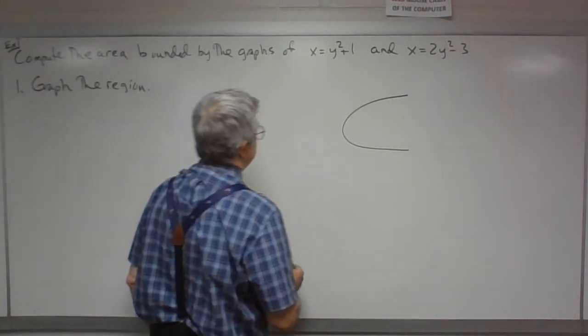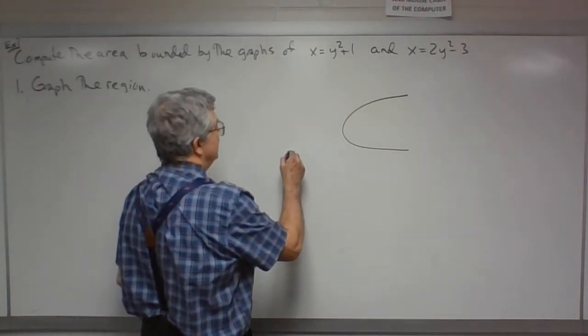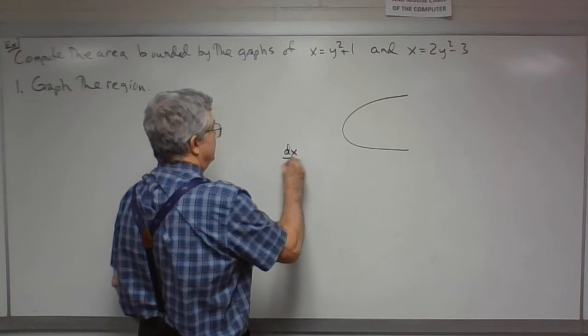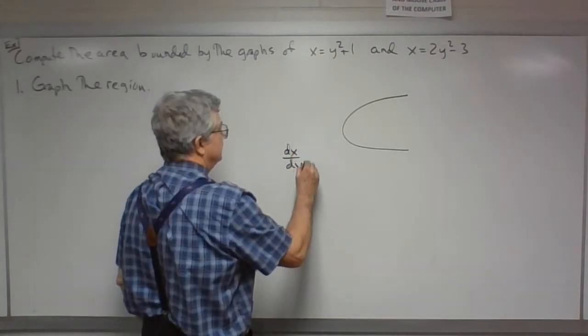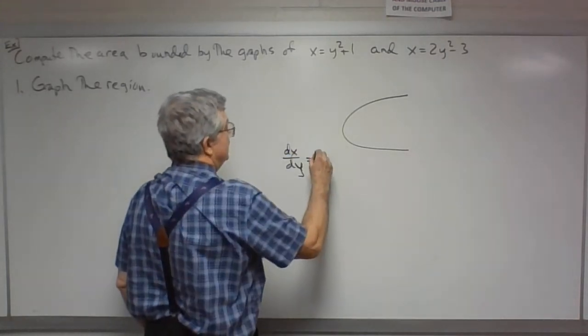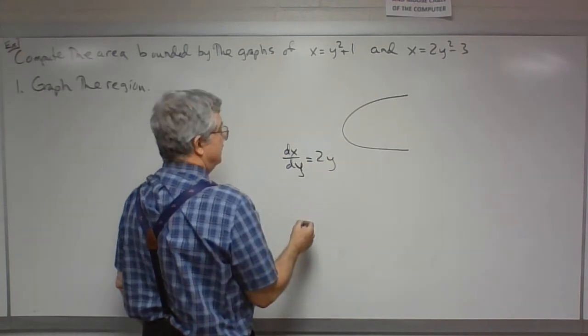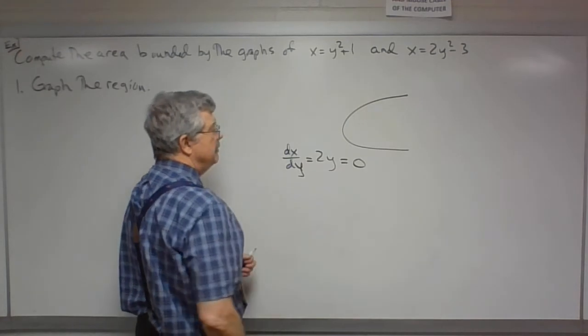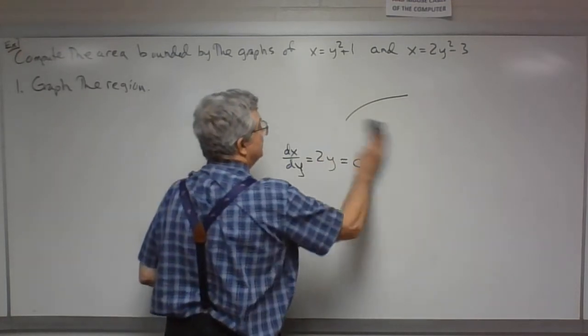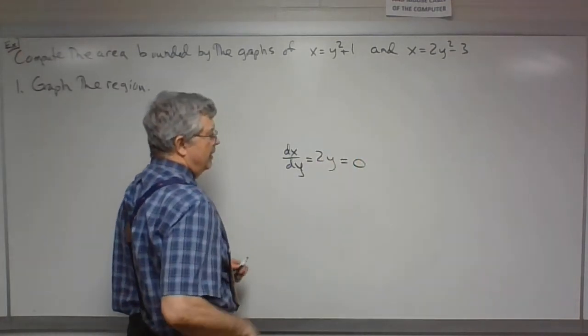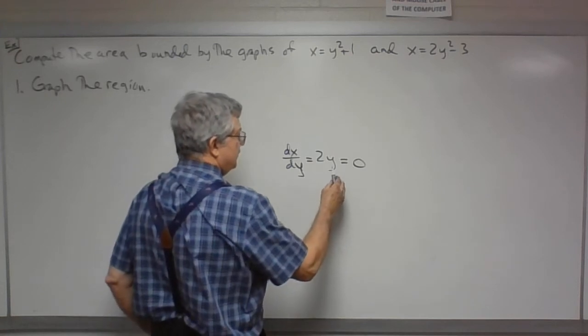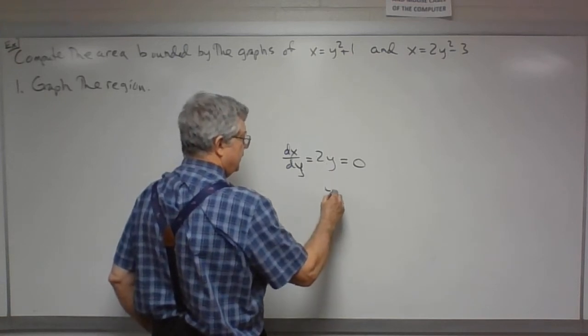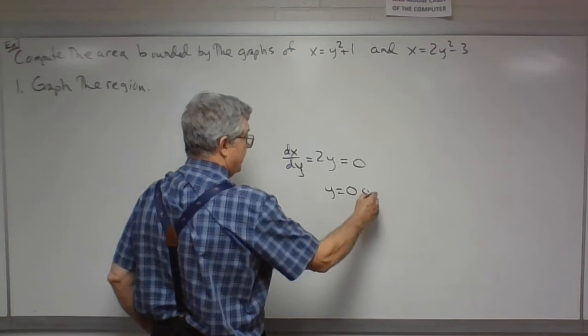What's the vertex? Well, let's see. The derivative of x as a function of y is going to be 2y in this case. And if we set that to 0 to find the critical number, we'll get the y coordinate that gives us the minimum.